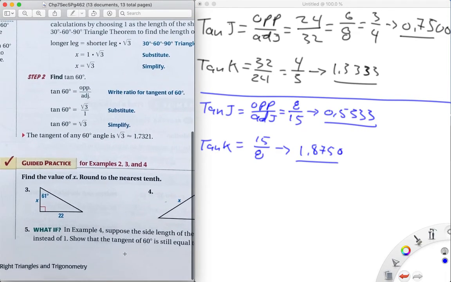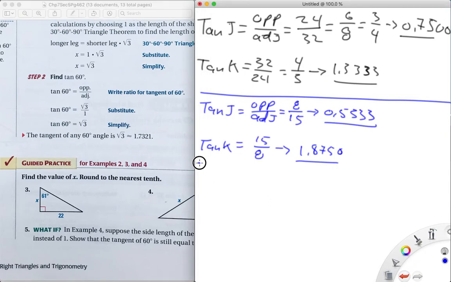And we can use tangent to find lengths of sides of the legs as opposed to just the angle or the ratio. So here they want us to find x. We can use tangent. We would say tangent of 61 is equal to opposite over adjacent, so it would be 22 over x.